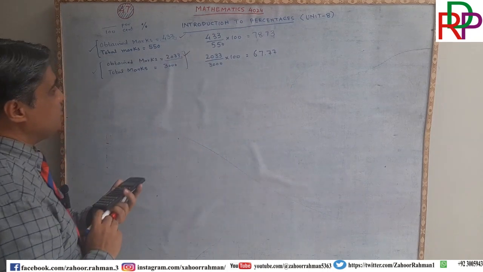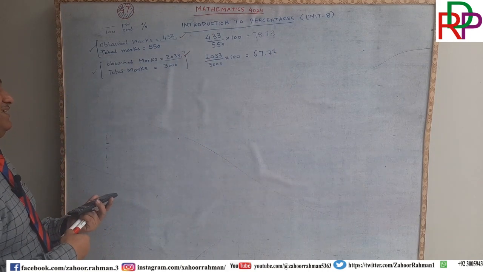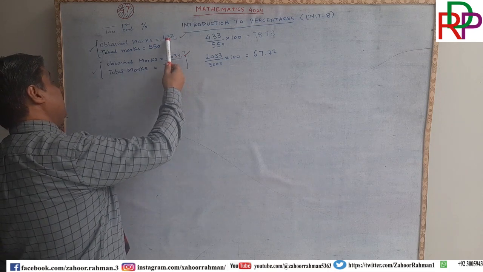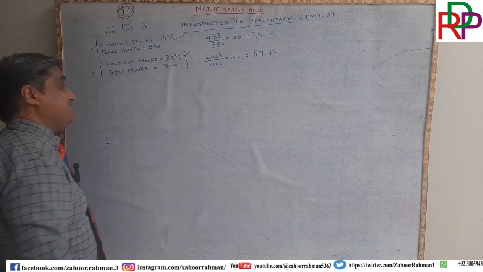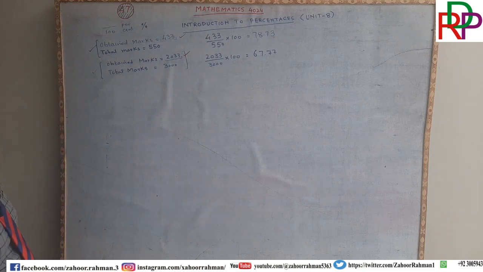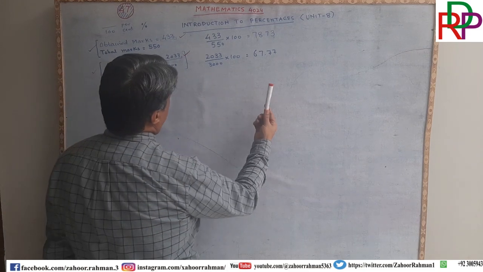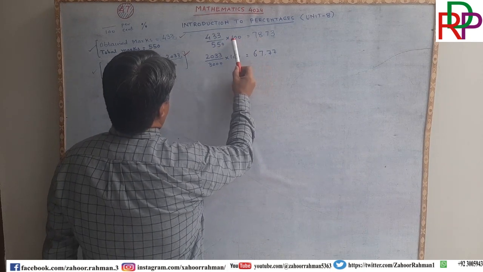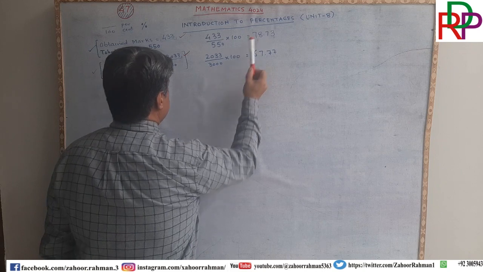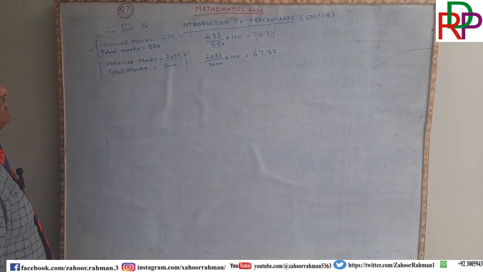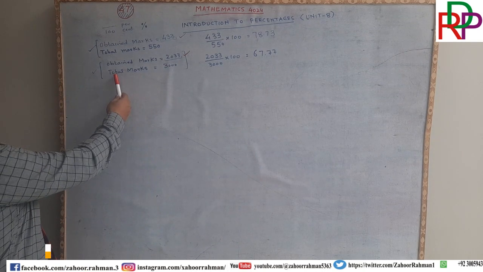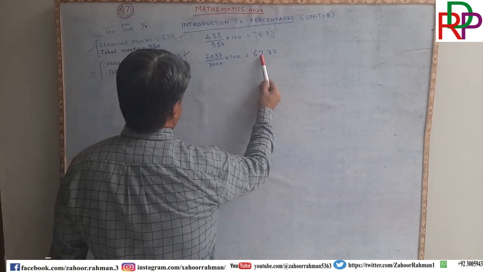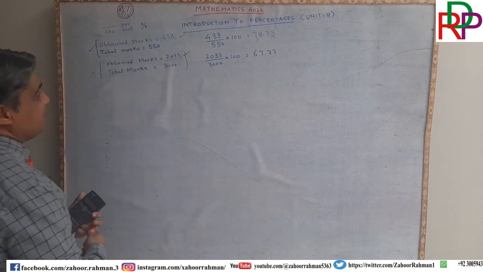The person who was claiming that I got 2033 and the other only got 433 was wrong, because when we found the percentage in 100, that person took 78.73, and when we found this person's marks, that is 67.77.